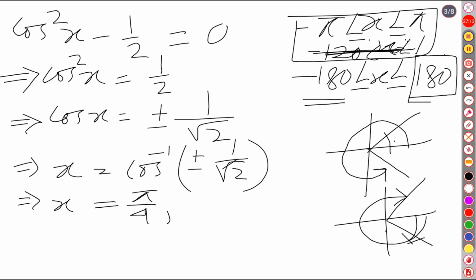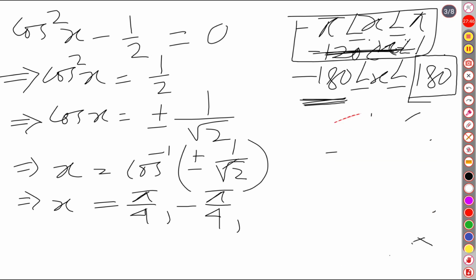If we choose this one, it is negative pi over 4, because this is less than 180. Then should we accept the value in the first quadrant? Is it possible or not? Let's see. It is going to be more than 270 and less than 360. That means it exceeds our lower limit, so we cannot accept any more value. Let me erase this. This was for our positive value.